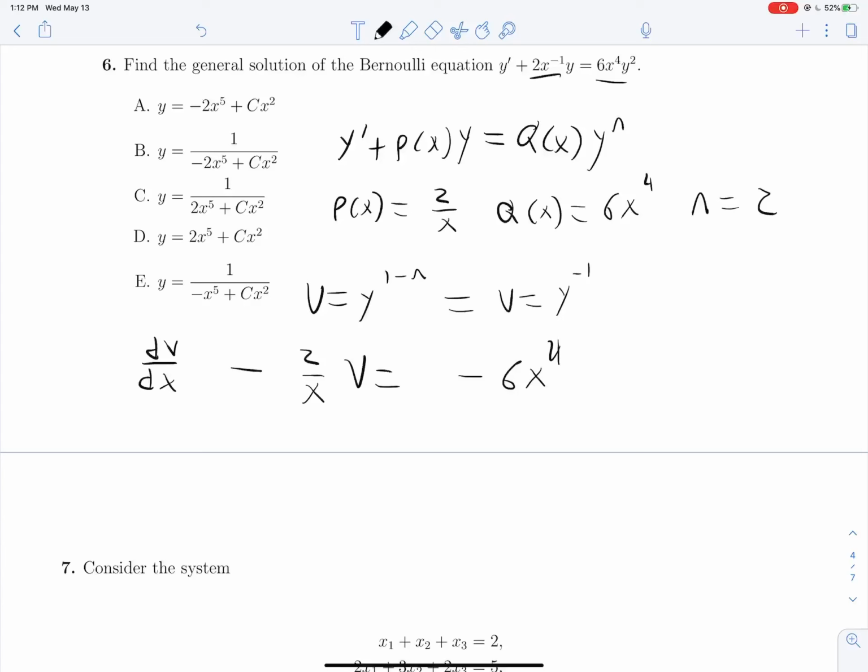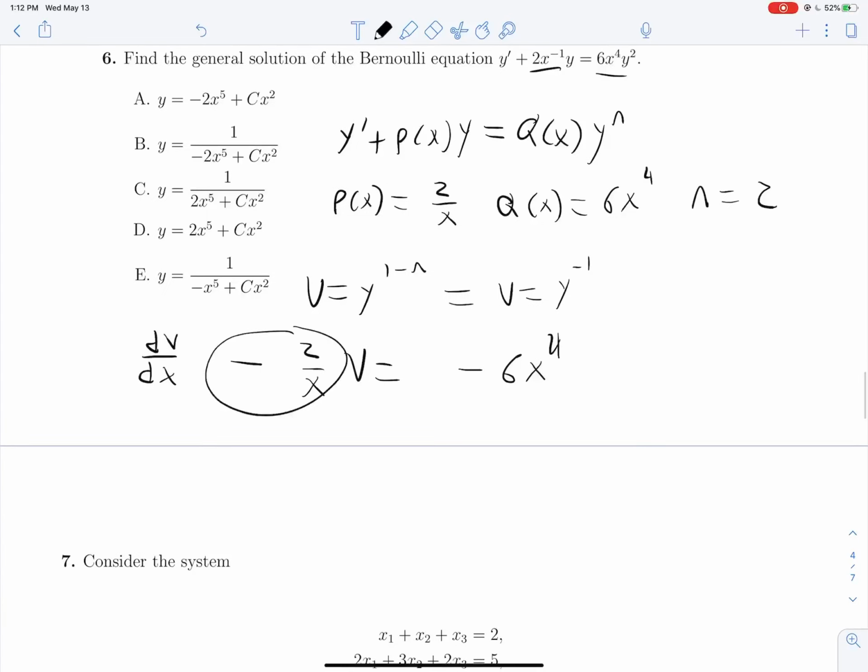Okay, so now doing integrating factor, this is our new p of x term. I'm calling it p of x because that's what we're used to talking about with integrating factor, but note that I'm not referring to the p of x that was originally up here. So p of x is equal to negative 2 over x. That means rho of x is equal to e to the integral of p of x.